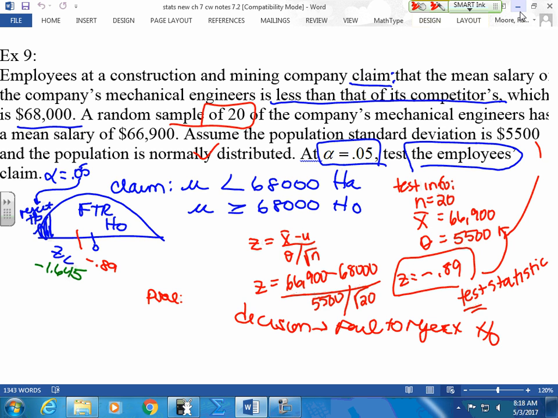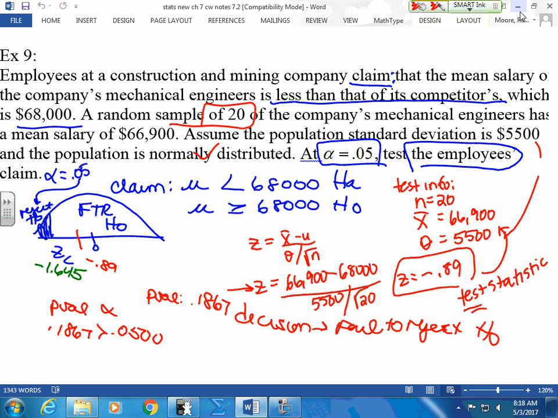I didn't, but I just want to make sure I show this to you. 0.89 is .1867. That's associated with that z-score. Normally you did this: p-value, level of significance. 0.1867 to 0.05, and we said this is greater. Didn't we fail to reject?